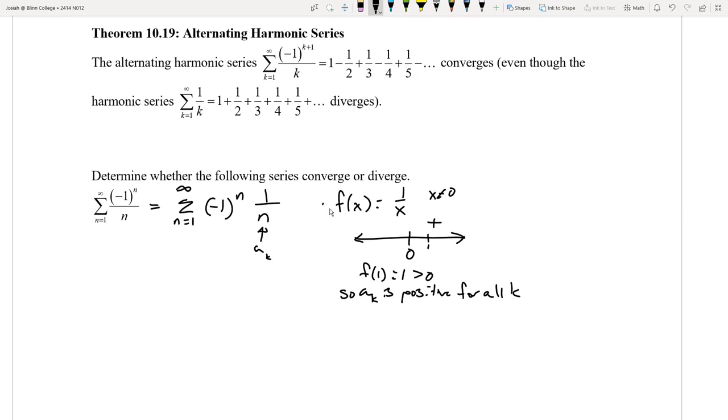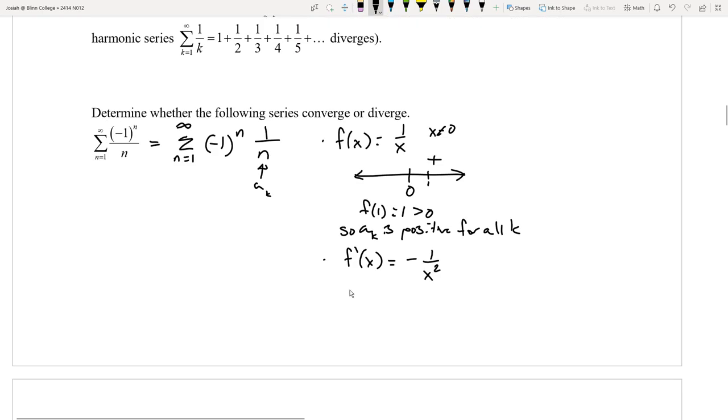So number 2, we have to show that this is non-increasing. So we go ahead and look at the first derivative, negative 1 over x squared. And now we'll go ahead and find critical values and again sign test. So first order critical values where f prime of x does not exist.